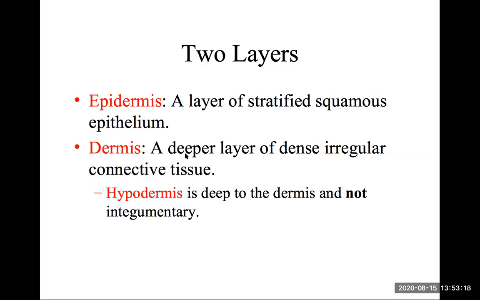Now, deep to the dermis is a third layer that is not part of the integumentary system called the hypodermis. So it's confusing sometimes because the terminology sounds pretty similar, but it just means below or deep to the dermis.